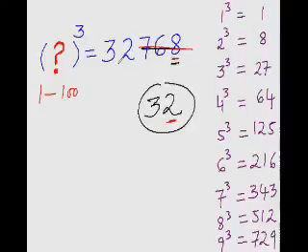All you need to do now is find the number whose cube is nearest to this number, that is, either it is 32 or less than 32. So which would that number be? 3, isn't it? Because 3 cube is 27 and 27 is near to 32. 4 cube is 64, so it is more than that, so it is out of question.